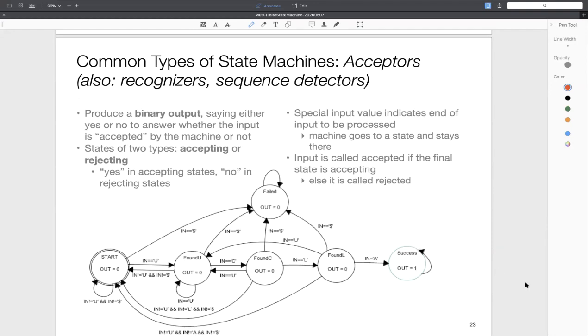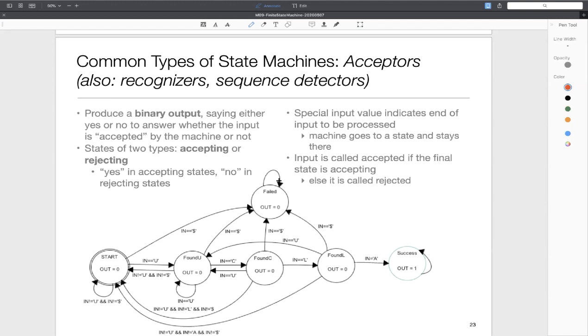So the success state is called the accepting state, and the failing state is called a rejecting state. So in a sense, you can say that I can think of a set of all possible strings that end with a dollar symbol, and we are basically asking whether the input is in the set of those strings which contain UCLA.